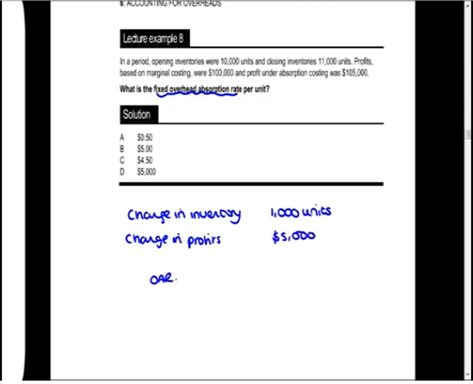So the overhead absorption rate per unit is 5,000 divided by 1,000. So that's $5 per unit. Now let's have a look at the multiple choice answers here. The correct answer is obviously B.